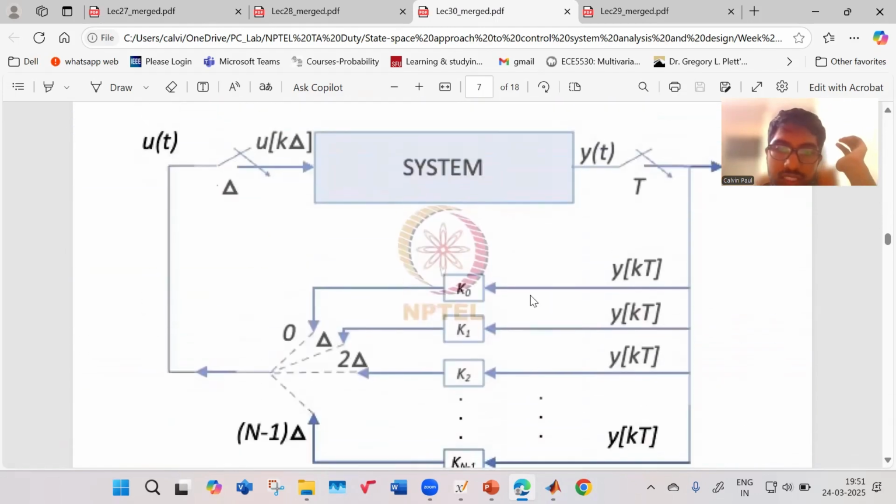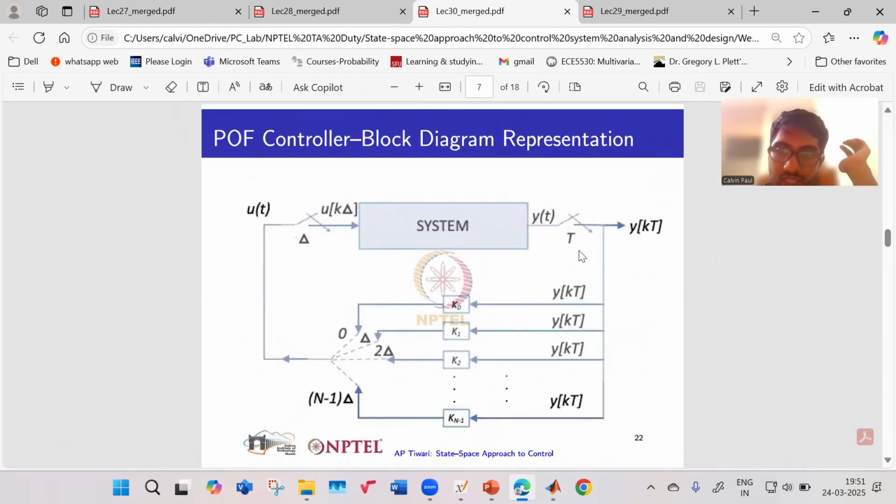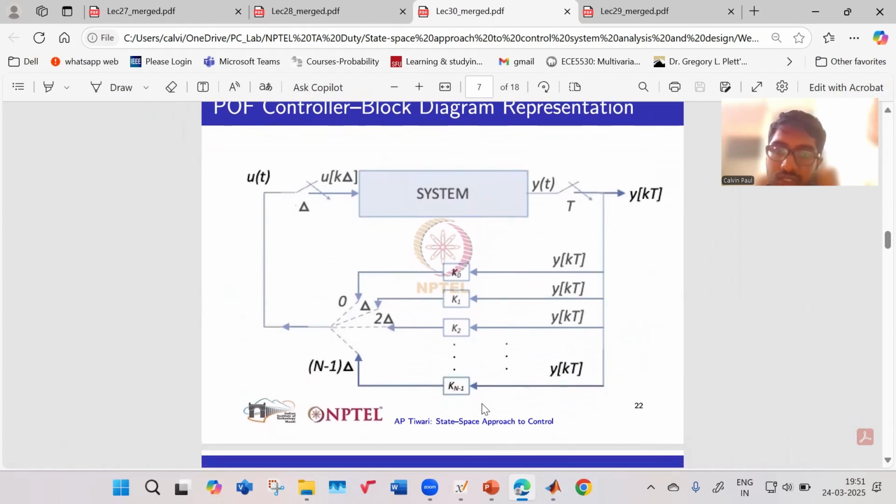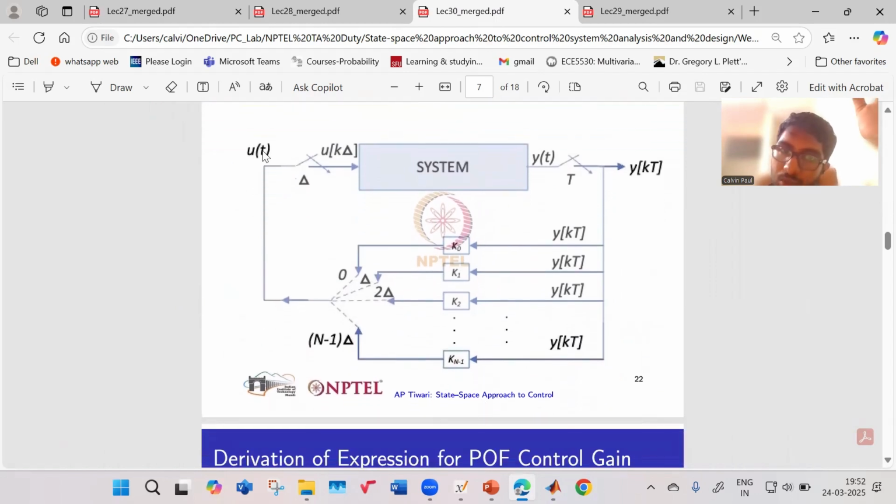If you see, this is my output that's been sampled once. Then at the 0th instant, you use K0 set of gains. Next instant, it will use K1 set of gains, then K2, and again K of n minus 1 set of gains. So this is the input, and the input is also based on a zero order hold at the sampling interval of delta.